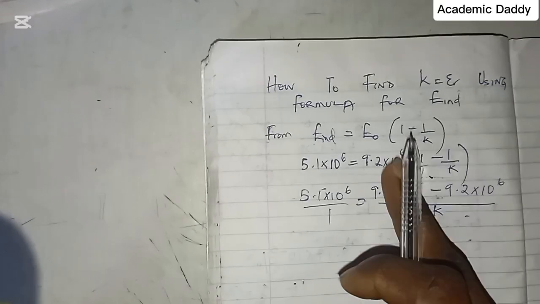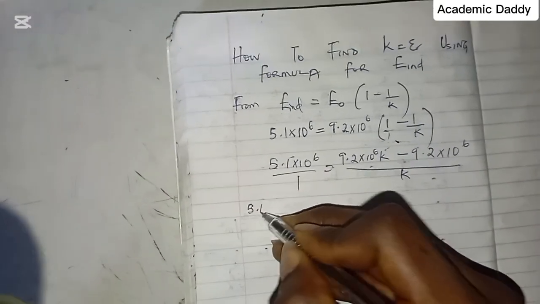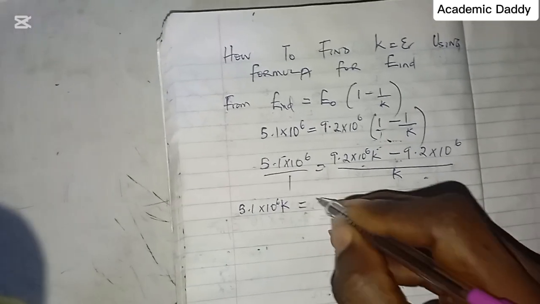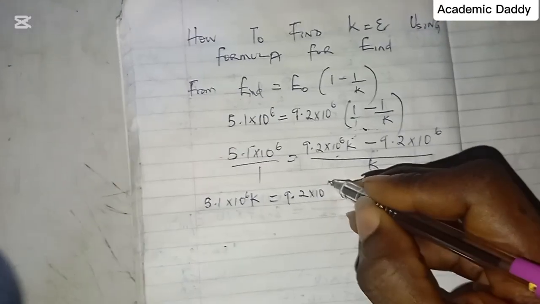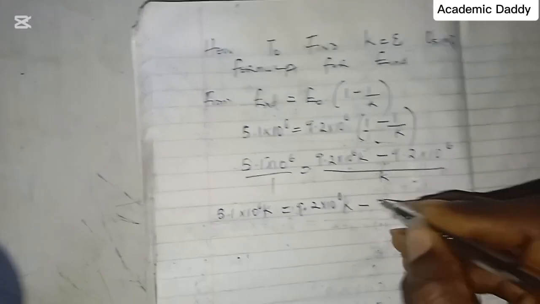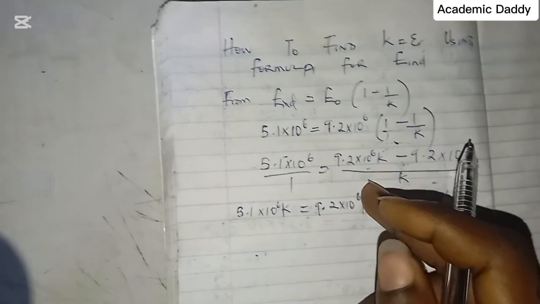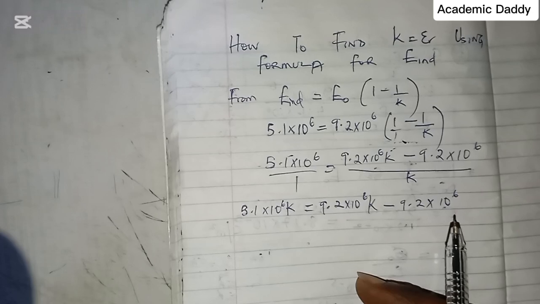If this come inside here, this come inside here. So that you now have 5.1 times 10 raised to the power 6k is equals to 9.2 times 10 raised to the power 6k minus 9.2 times 10 raised to the power 6. This can move over. That is collecting the k's.